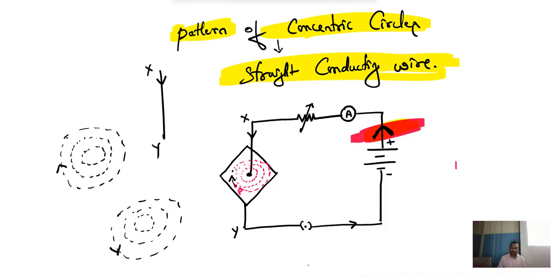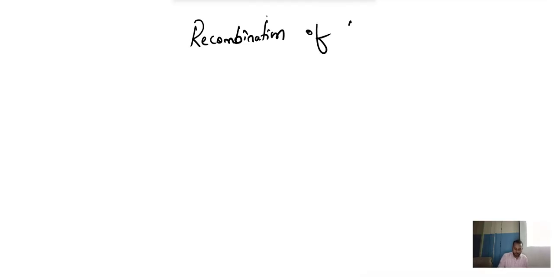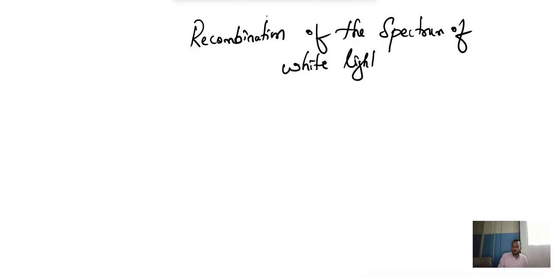Sure. The last diagram of this topic, physics, is recombination of the spectrum of white light.